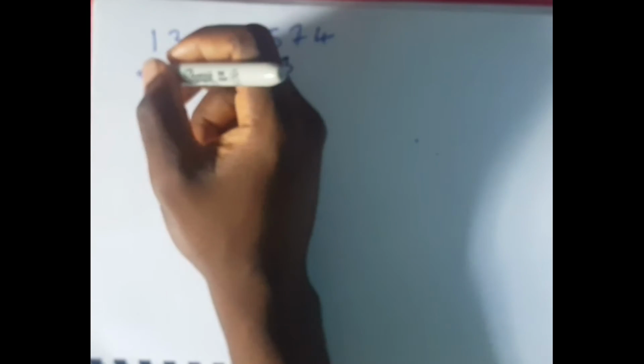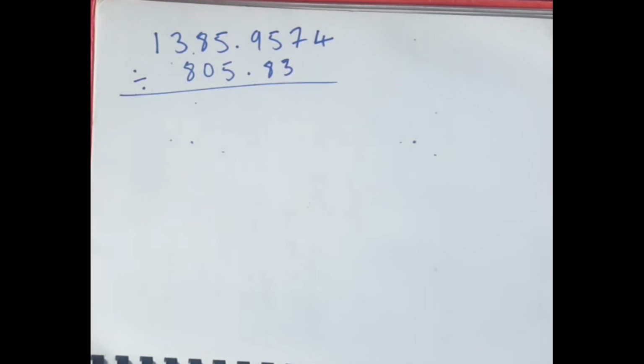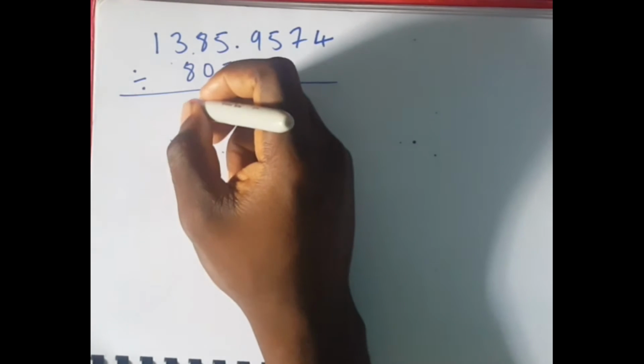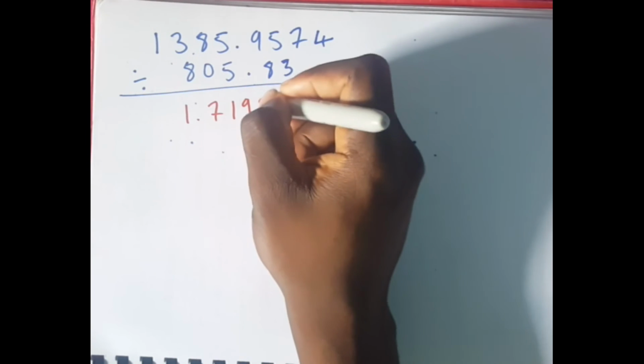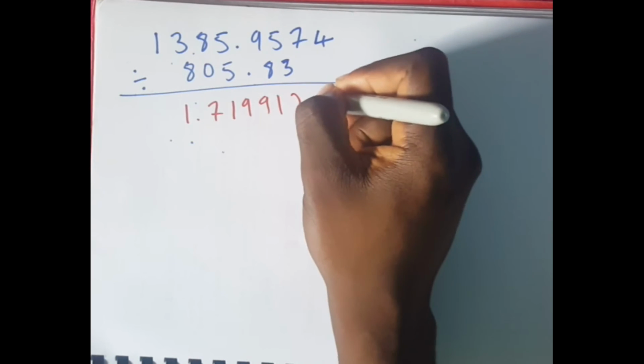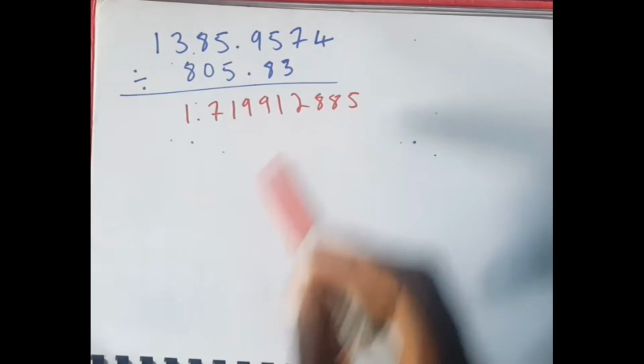If I type this in a calculator, my answer would be 1.719912885. This is the answer I would get if I put this in a calculator.